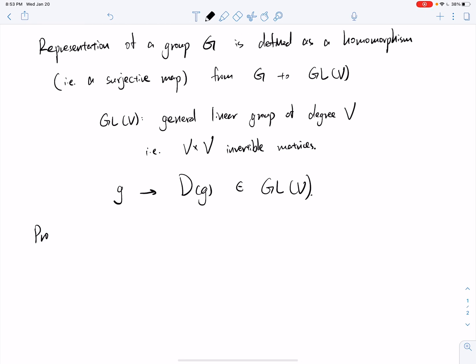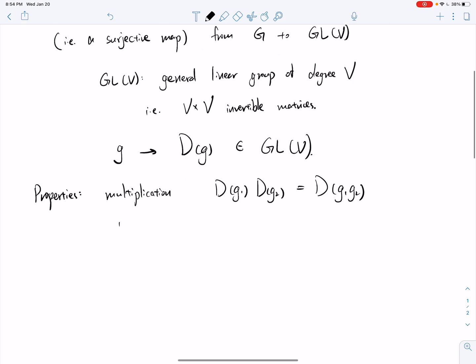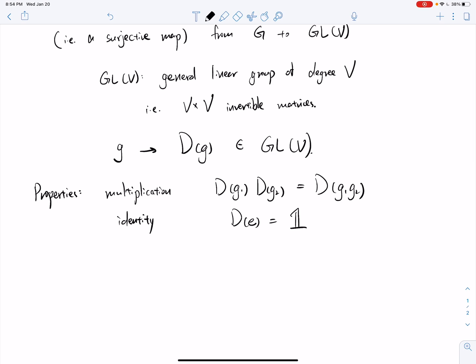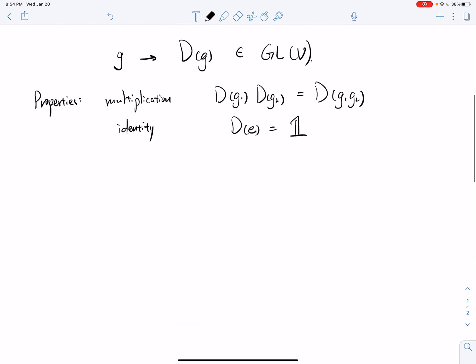The properties of a representation of a group is the same as the property of the group itself. First of all, we have this multiplication rule. For representations, they're matrices, so naturally they will just follow the multiplication of the matrix. And then there's this identity. For a matrix, the identity is, of course, the identity matrix, and we normally map the identity of the group to the identity matrix.